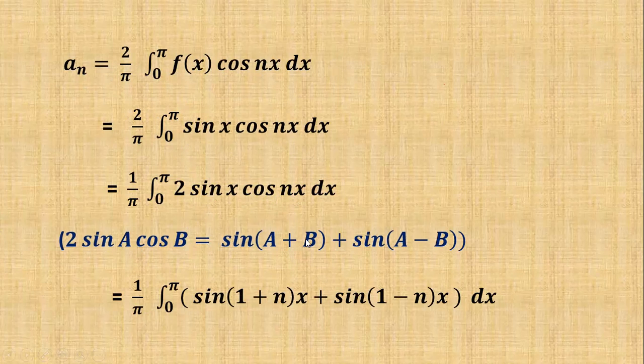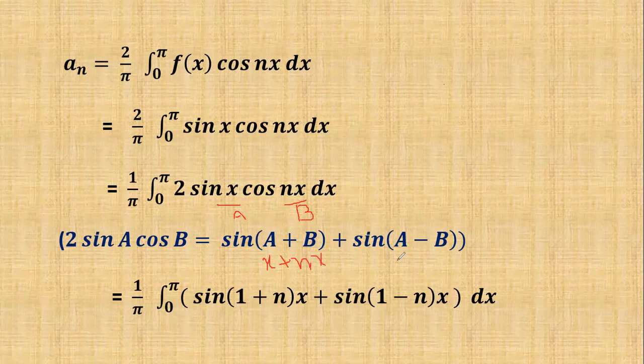Therefore, 2 sin a cos b is equal to sin of a plus b plus sin of a minus b. Therefore, 1 by pi into integral 0 to pi sin a plus b, means sin x plus nx. Here a is equal to x and b is equal to nx. A plus b means x plus nx.